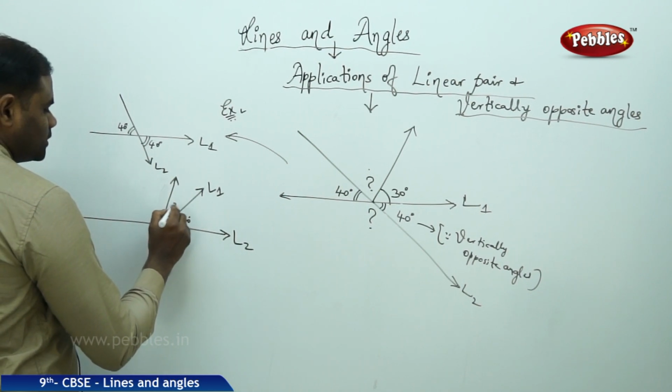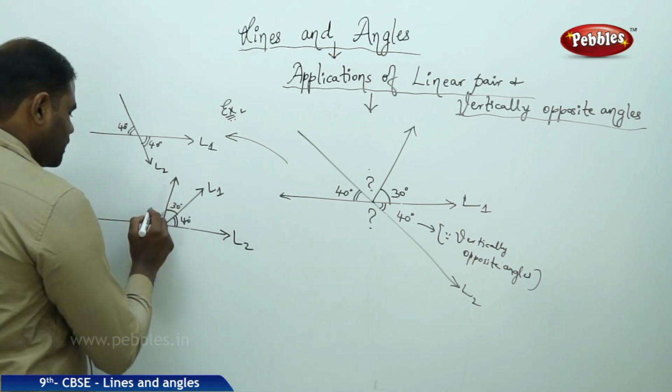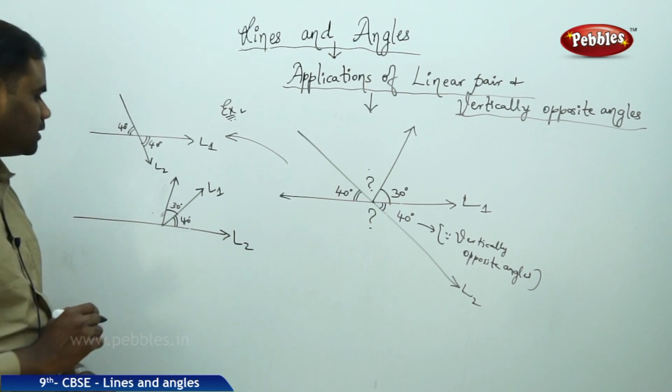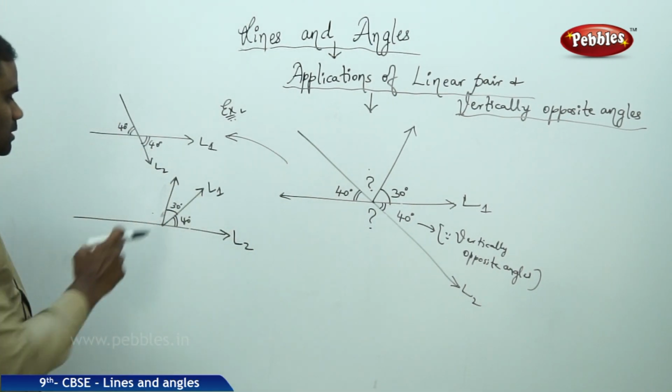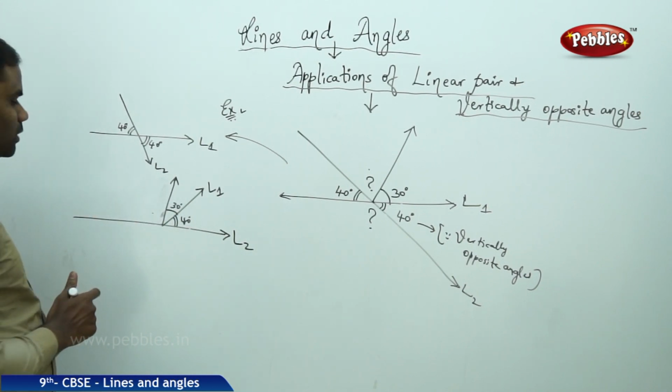The remaining angle is what we need to find. This being a straight line, the sum of all three angles must be 180.